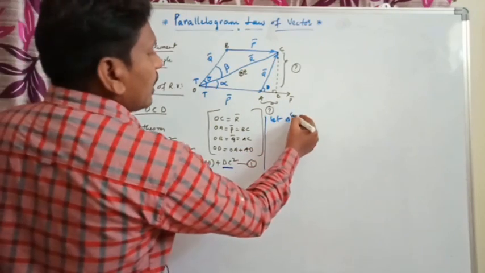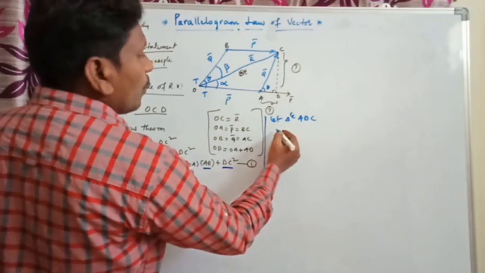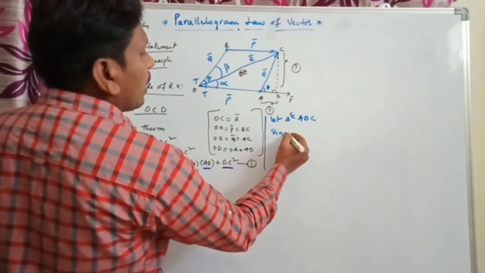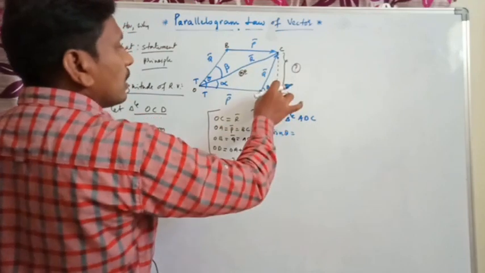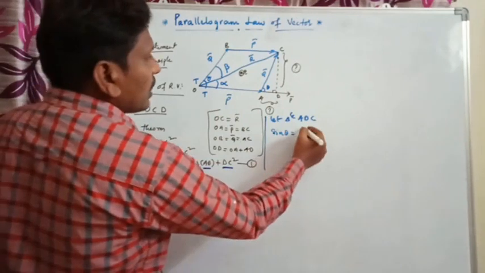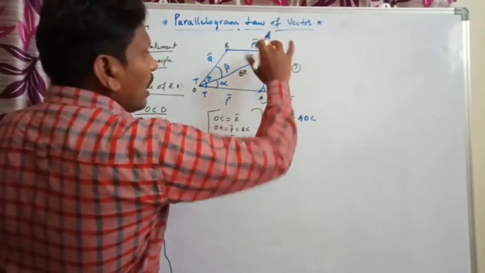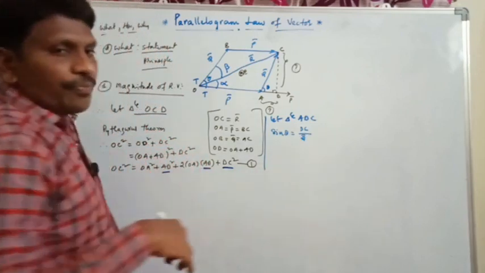Let triangle ADC, write down sin theta. So if it is the angle, this is the opposite side, adjacent, opposite, hypotenuse. Now sin theta means opposite by hypotenuse, that is DC by Q bar.